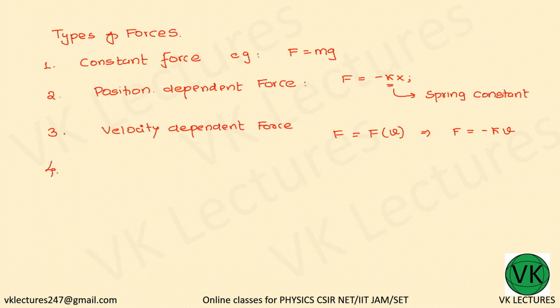Fourth is time dependent force. Example, F is equal to Q E naught cos omega t, where Q is the charge and E naught is the electric field. So it's an example for time dependent force.